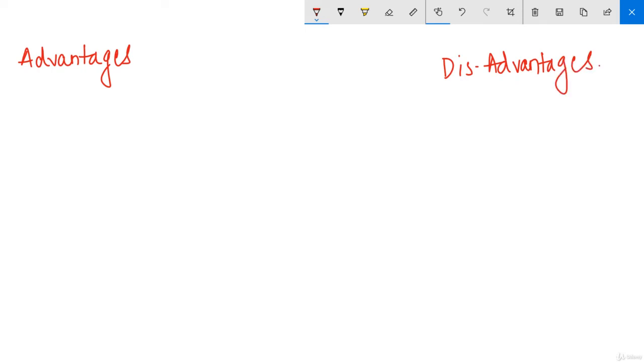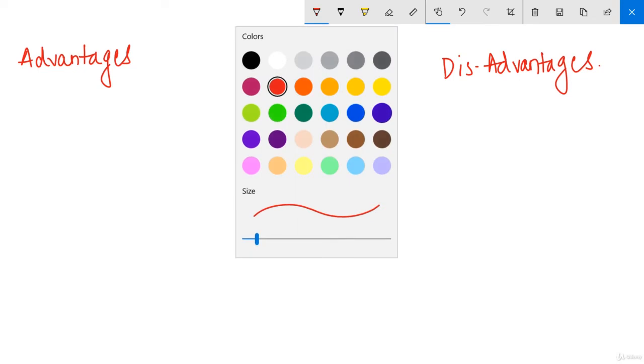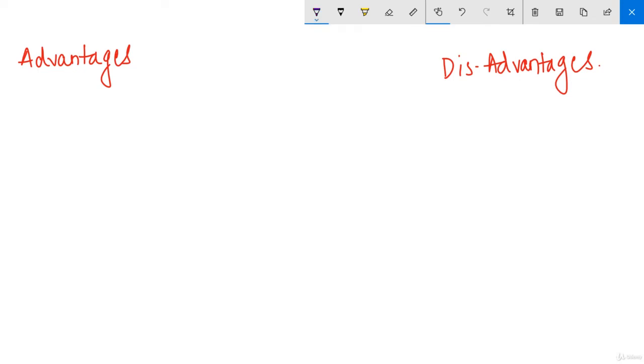All right, so we have advantages and we have disadvantages. So let's see the advantages first. What advantages do we have? Okay, so the first advantage is that it is easily interpretable. You can make a note of all this.